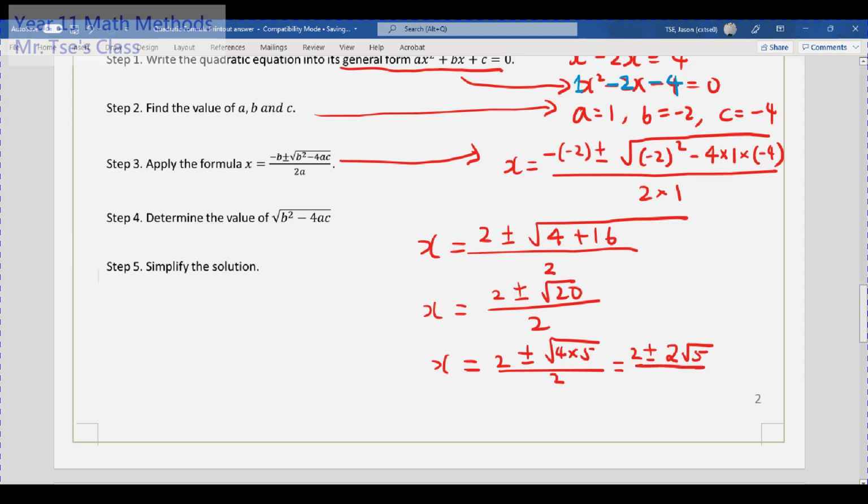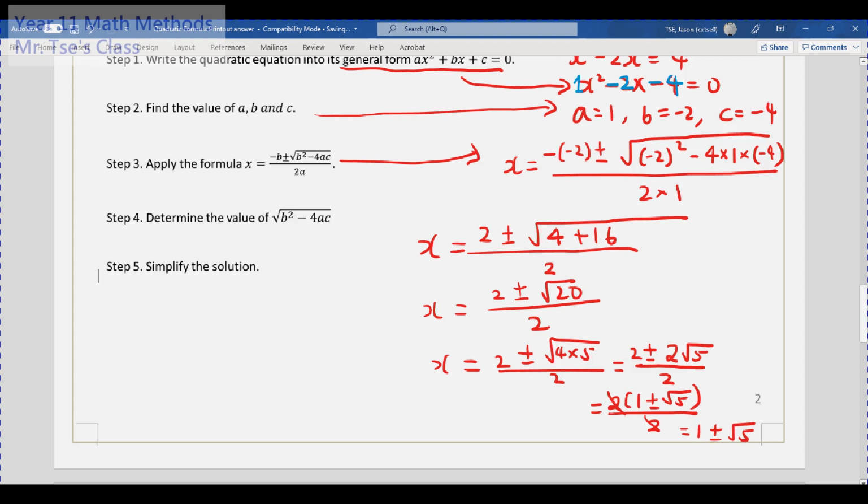Don't stop here, because you see that 2 and 2 in both terms in the numerator, so you can take out a common factor. These 2 can be cancelled out, so your answer would just be 1 plus or minus square root 5.